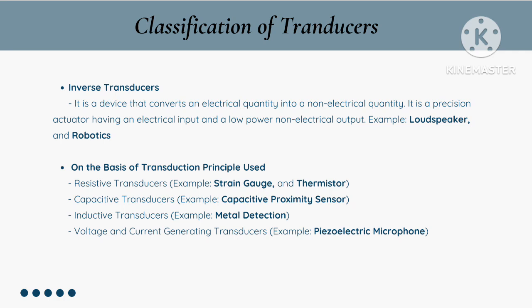So kaning inductive transducers, nigamit ni siya sa principle of inductance, which is the property of a coil or conductor to resist changes in current. So this resistance to current change is influenced by the position of a ferromagnetic object, the distance between the coil and the object, or the object's properties. So the sensor, naay coil nga mo create og magnetic field.